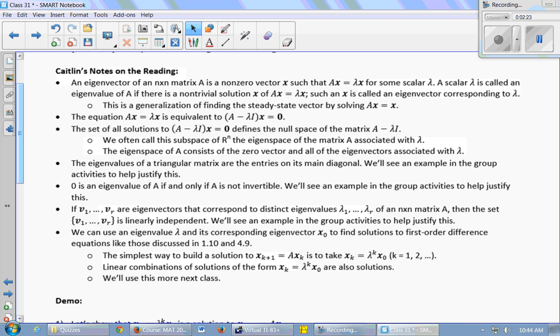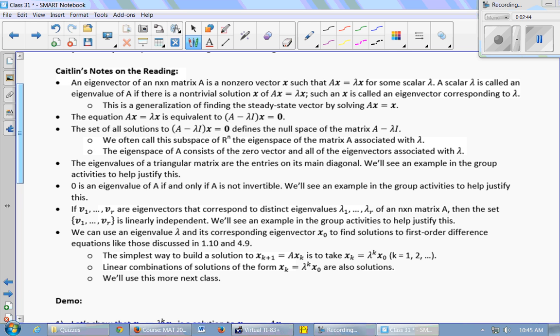So the equation Ax equals lambda x is equivalent to the equation (A minus lambda I) x equals 0, right? I did a similar thing when we were solving for steady state vectors, except I just did A minus I, because lambda was 1.